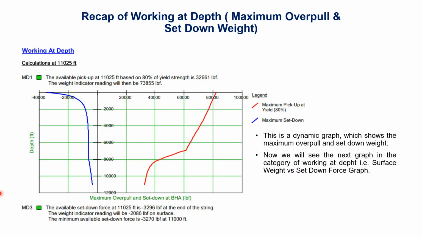But before going ahead, let's recap our previous tutorial, that is maximum overpull and set down weight, which also comes under the heading of the working at depth graph. In that tutorial we discussed how to interpret the chart of maximum overpull and maximum set down force, that is, in a particular well and using a particular coiled tubing, what maximum overpull we can apply and what maximum set down, that is slack off, we can apply.